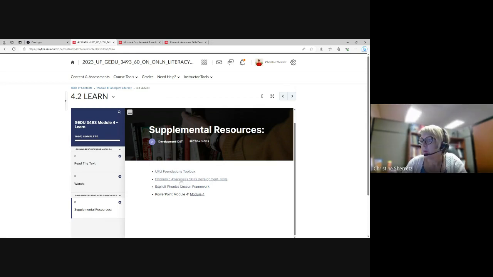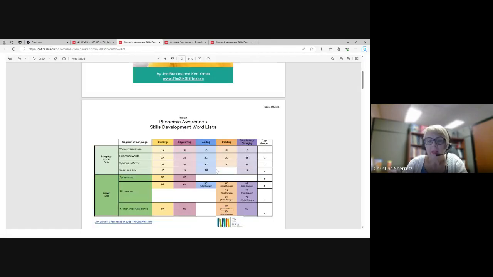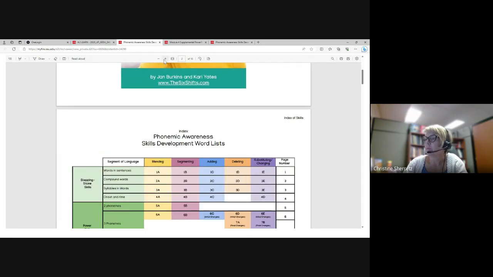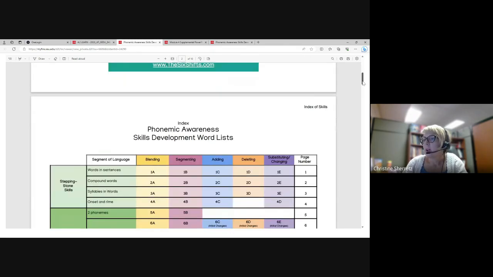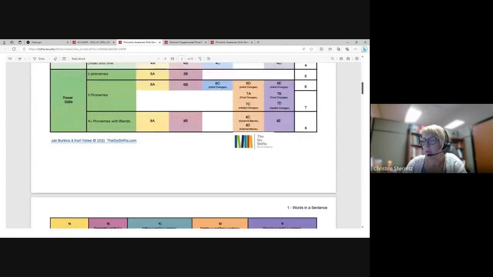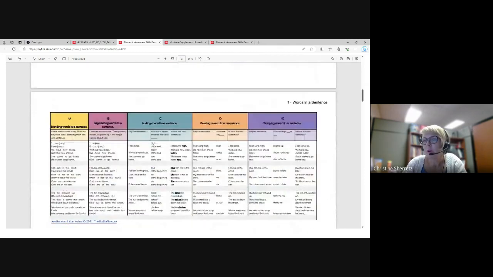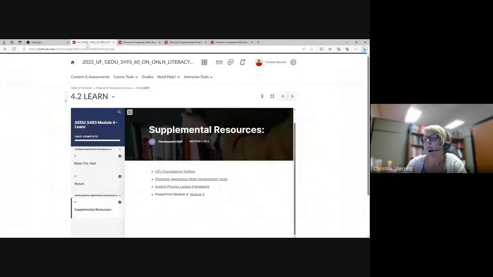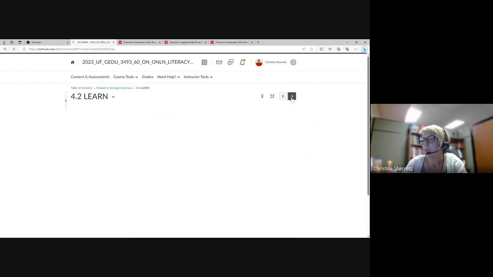There's a phonemic awareness skills developmental toolbox, and this tells you what kids should be doing for phonological awareness and phonemic awareness. I'm going to come back to this.